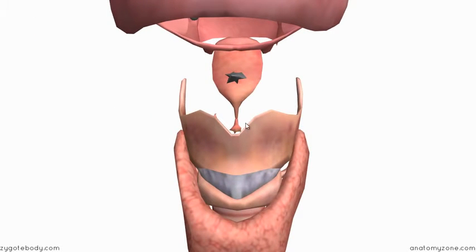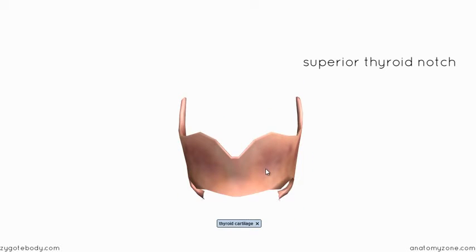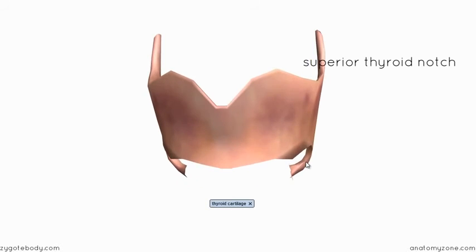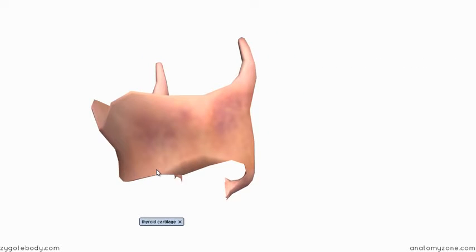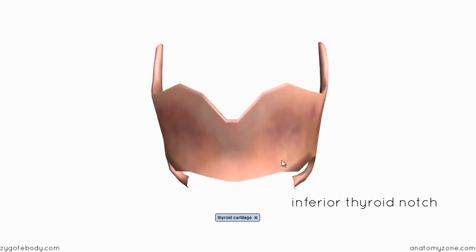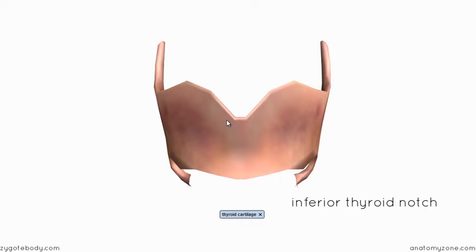You've got this little notch as well where these lamina meet, and this is called the superior thyroid notch. It's not very clear on this model, but inferiorly in the midline you've got a notch called the inferior thyroid notch, but the superior thyroid notch is much more evident.